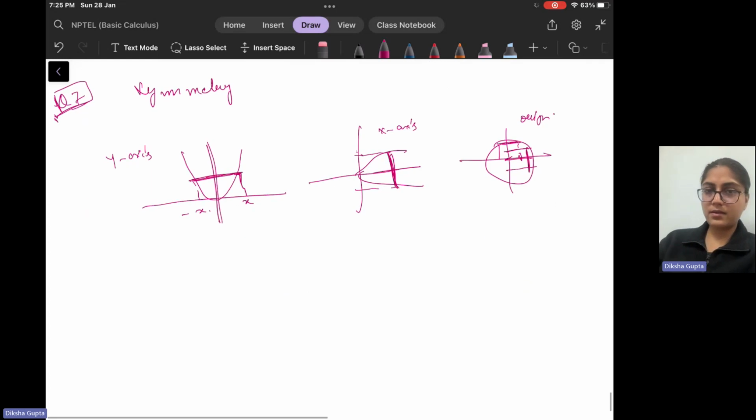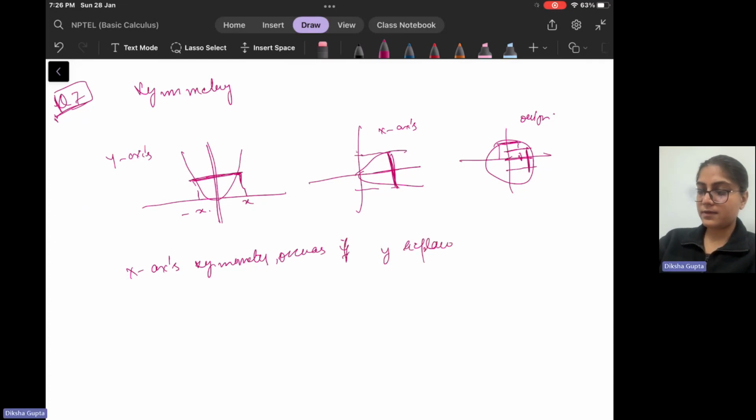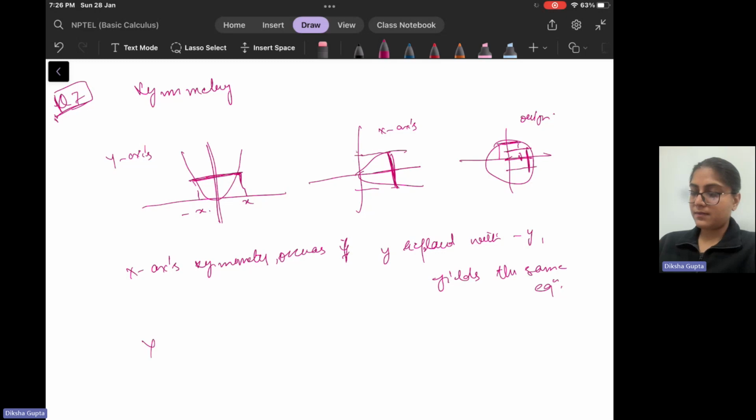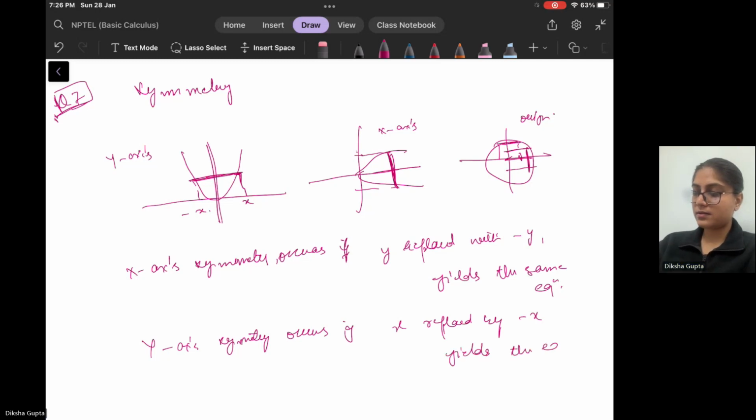So how do we write it? X-axis symmetry occurs if y replaced with minus y yields the same equation, that is, the equation of the graph, which involves y and x. Y-axis symmetry occurs if x replaced with minus x yields the same equation.